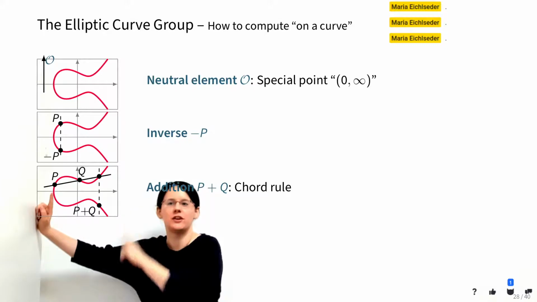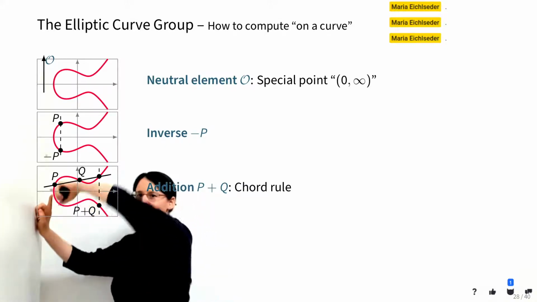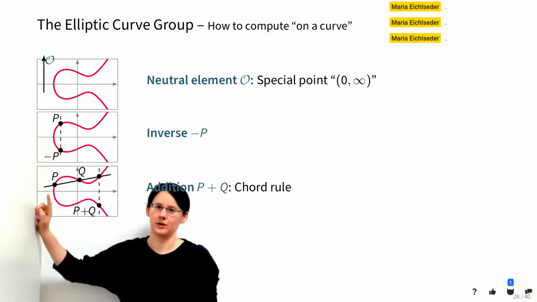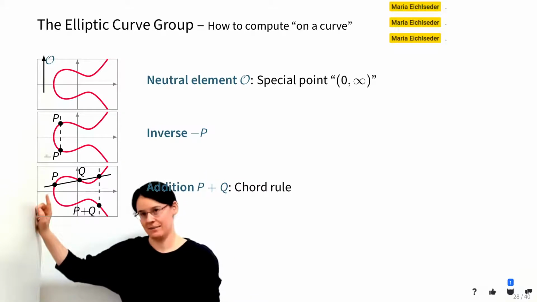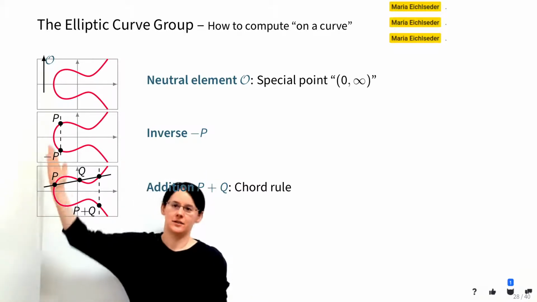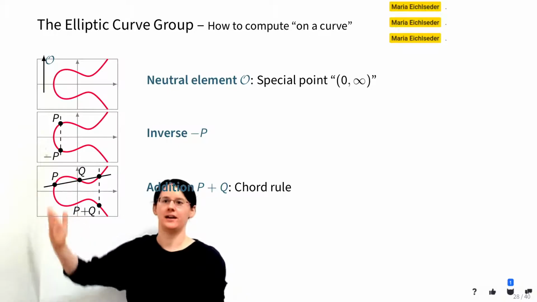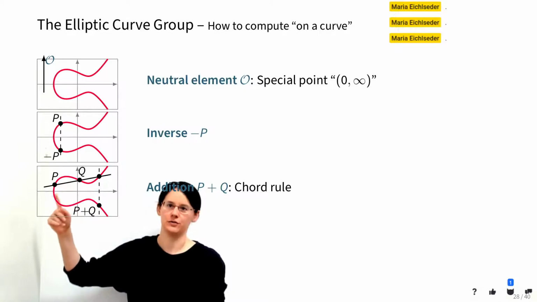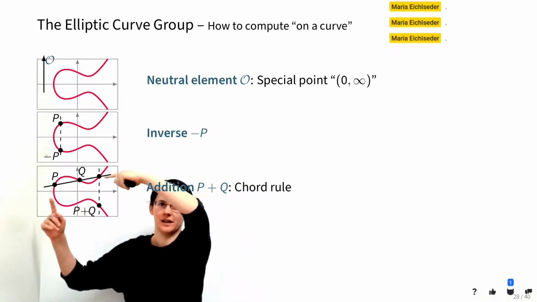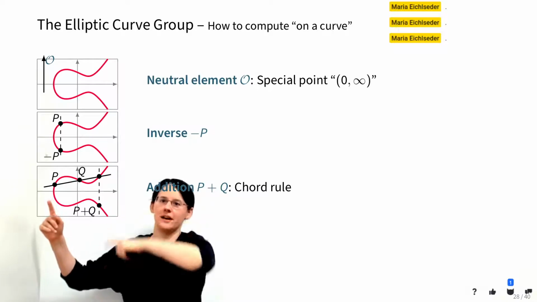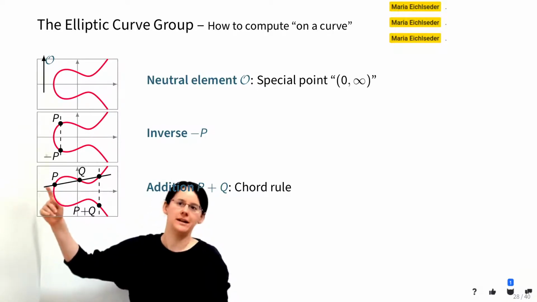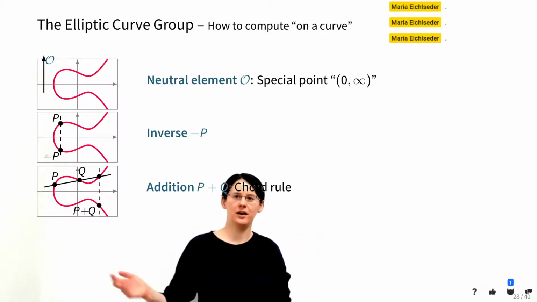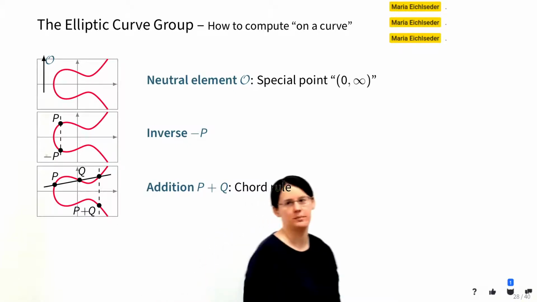Now the special point isn't actually part of the picture, but of course you can imagine if I draw a vertical line, it will connect with the special point somewhere at infinity. This connection is actually just a vertical line through P. Now this does intersect the curve in exactly one more point, namely at the inverse of P. This would give us this intermediate result here. And now to get the final result, I mirror it, leading me back to P, so I again get P as the original result. So this neutral element is actually neutral in the sense that adding it doesn't change the point P.